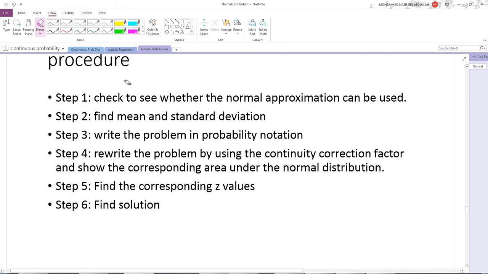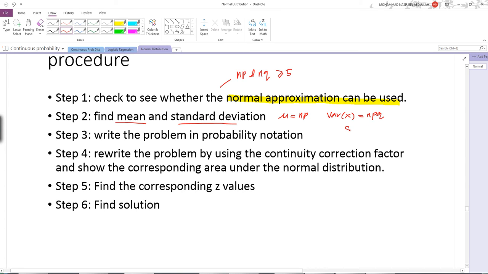So the procedure: first we need to check whether the normal approximation method can be used or not. So what is the requirement? np and nq should be more than or equal to 5. And we need to find the mean and standard deviation. The mean for the binomial distribution is np, and the variance is npq.